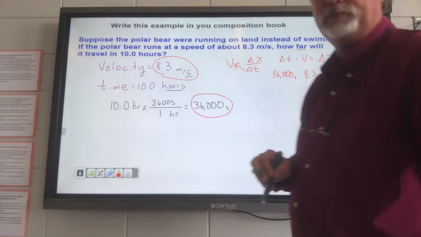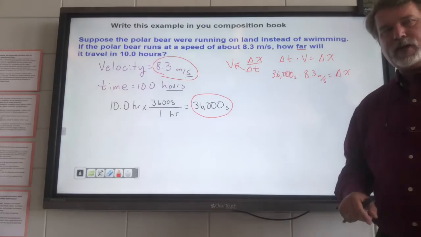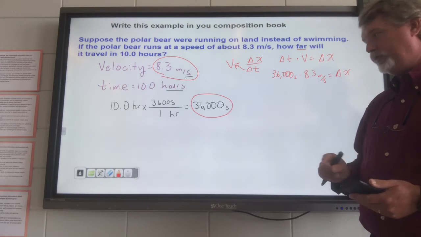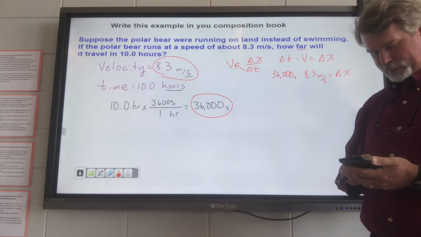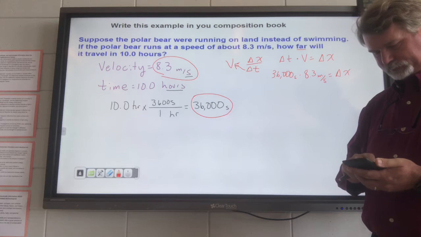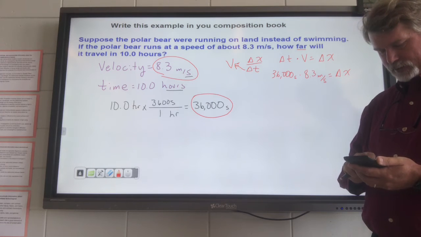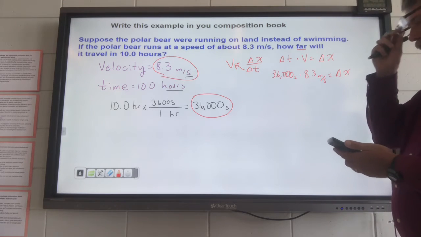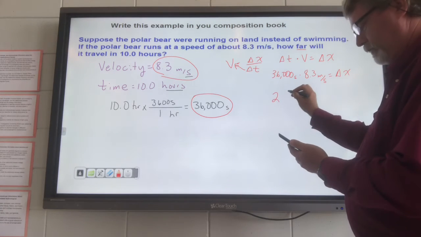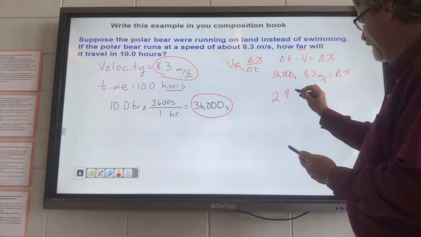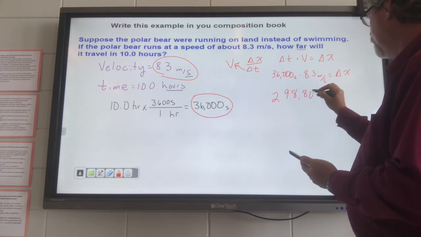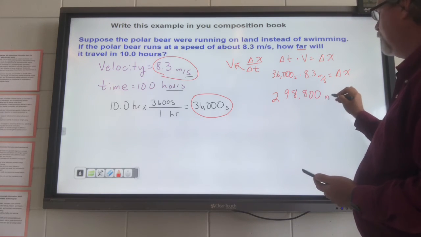We want to multiply to get the answer. So we get 36,000 times 8.3, and we get 298,800, and that would be meters.